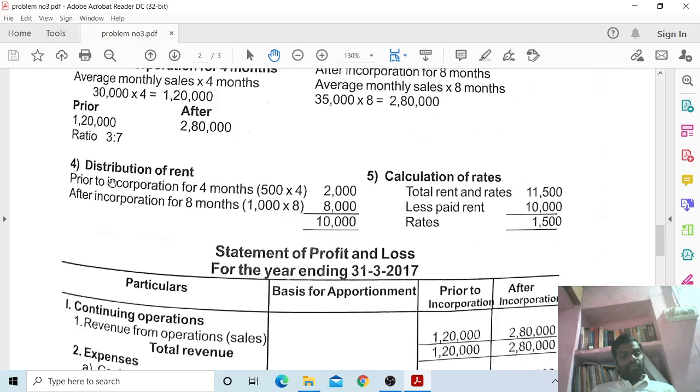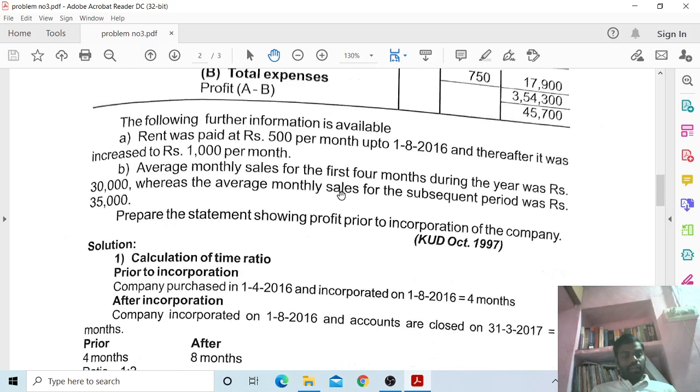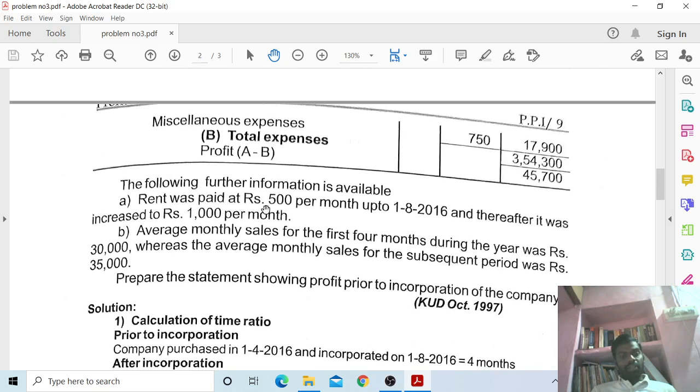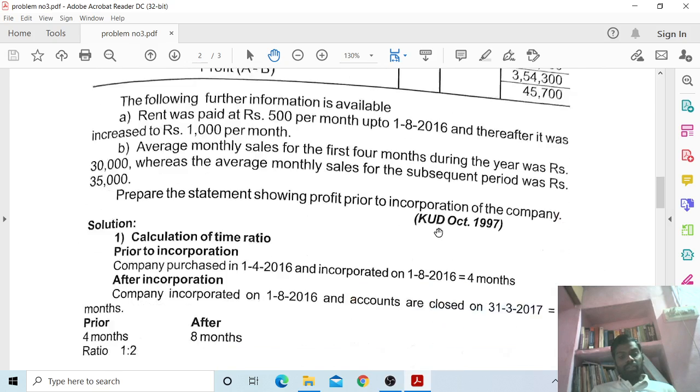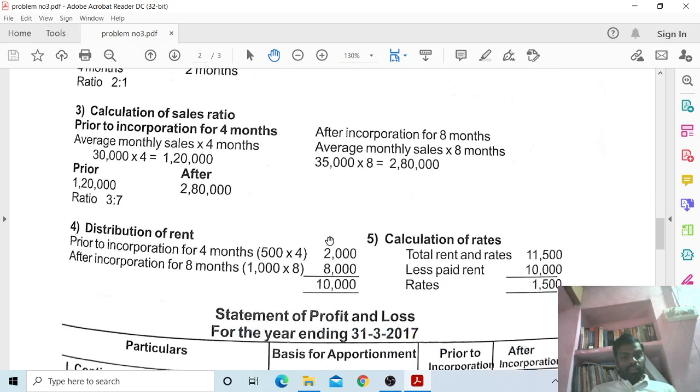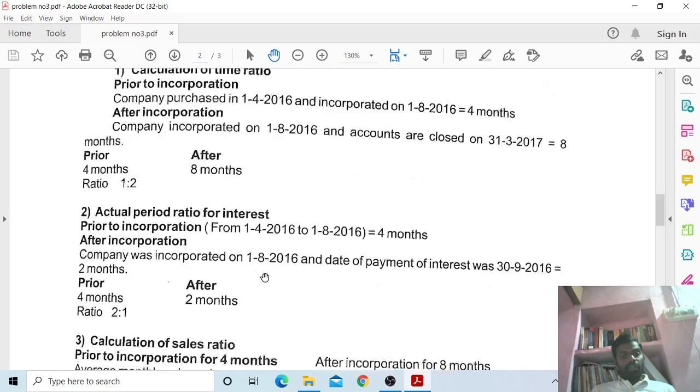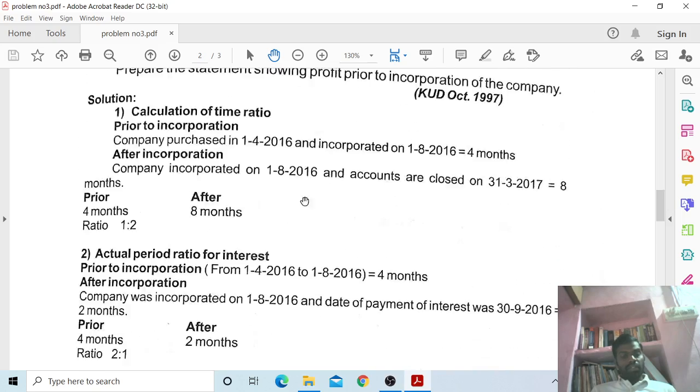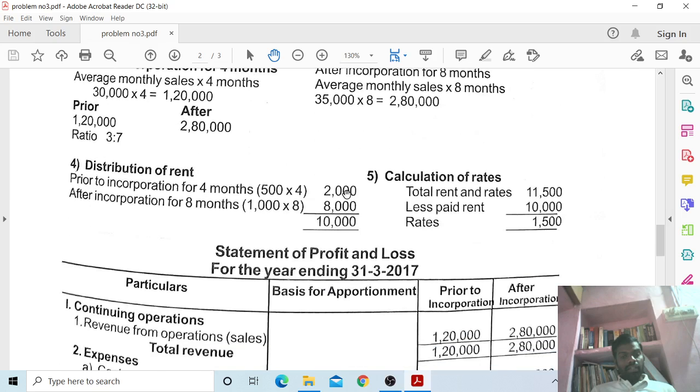Distribution of rent: prior to incorporation for 4 months, 500 into 4. The rent was rupees 500 per month up to 1/8/2016, so 500 into 4 is 2,000. After the incorporation period, 8 months, 1,000 into 8, so 8,000.